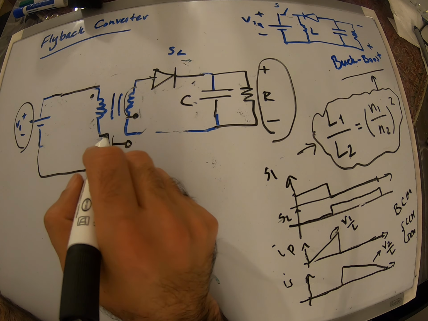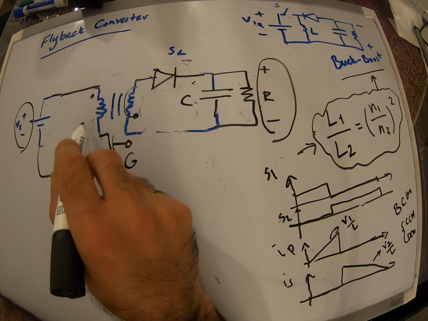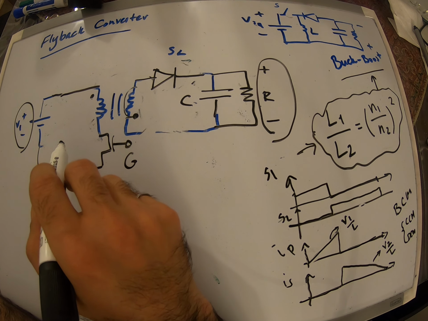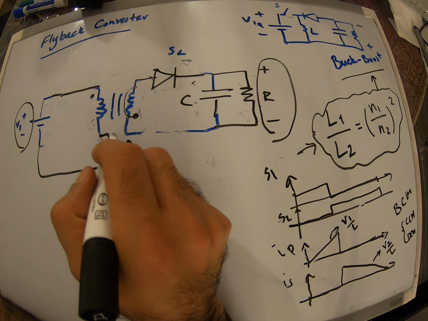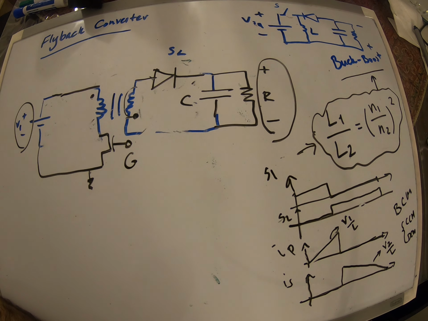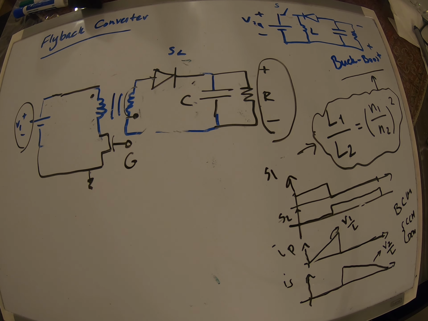And then when you turn this one off, it basically cuts the current in the primary, and the energy stored in the coupled inductor releases itself in the secondary side. Okay, so this is basically the big picture of the flyback converter.